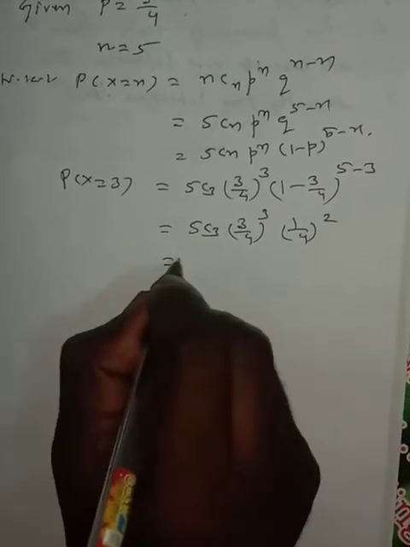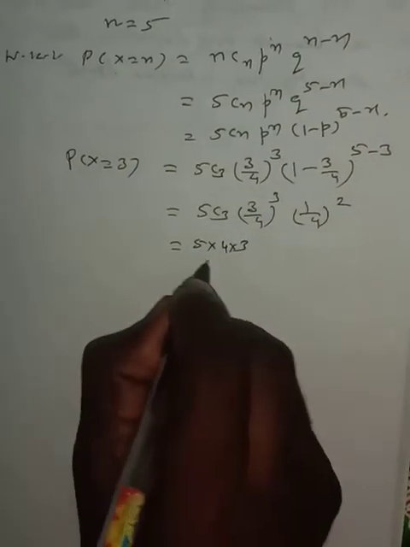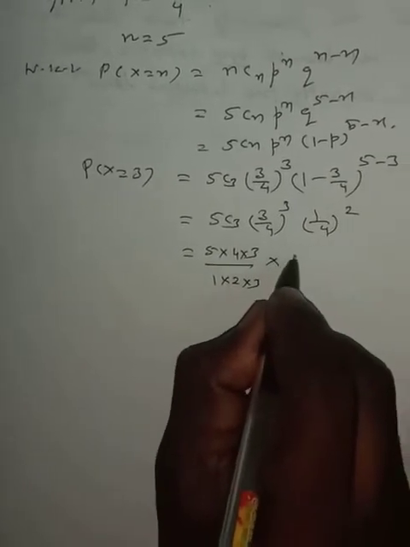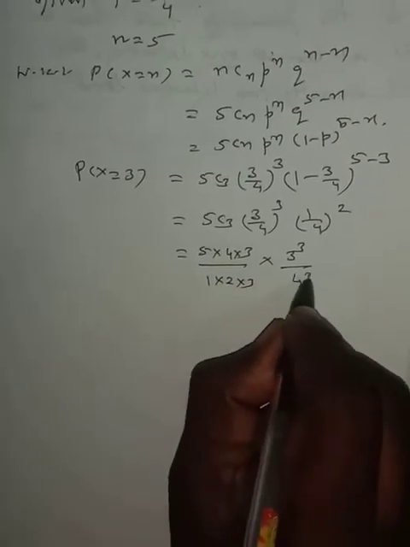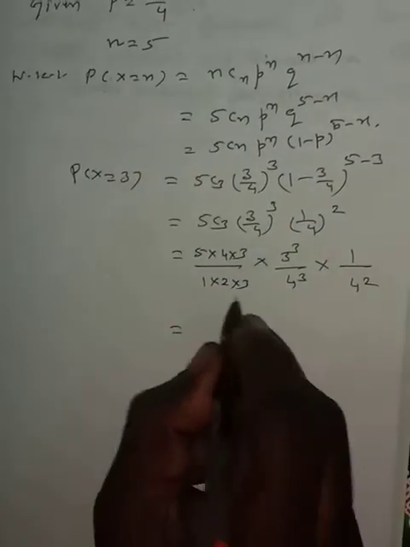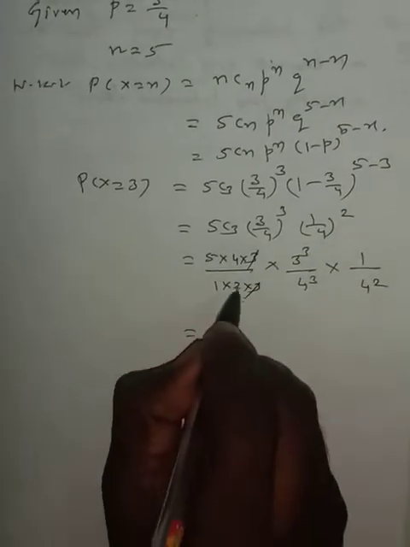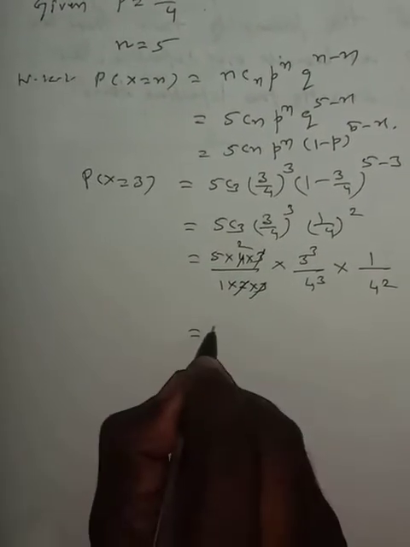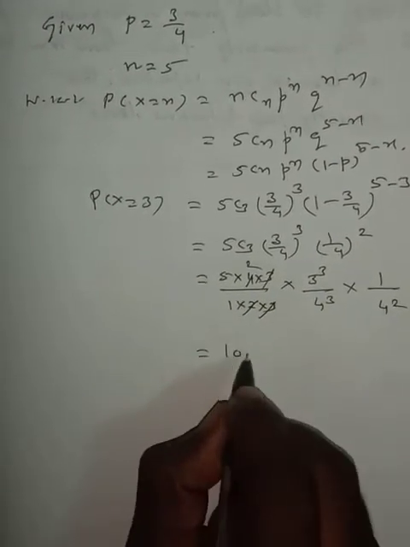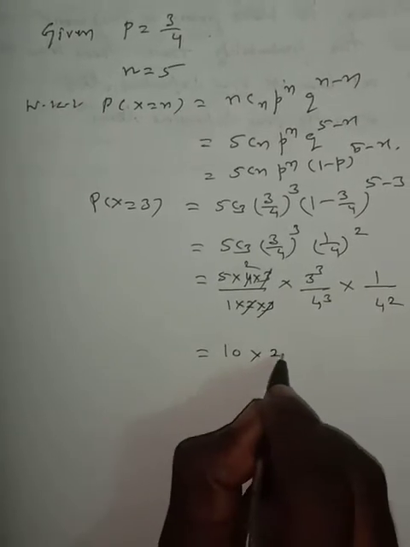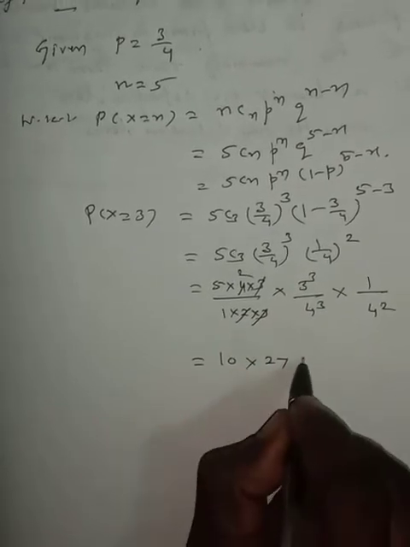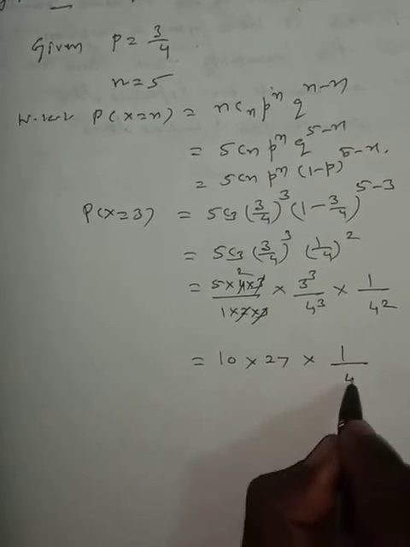Next, 5C3 means 5 into 4 into 3 divided by 1 into 2 into 3, into 3 to the power of 3 divided by 4 to the power of 3, into 1 by 4 to the power of 2. 3 cancels, and 5 twos are 10. So 10 into 27 into 1 by 4 to the power of 5.